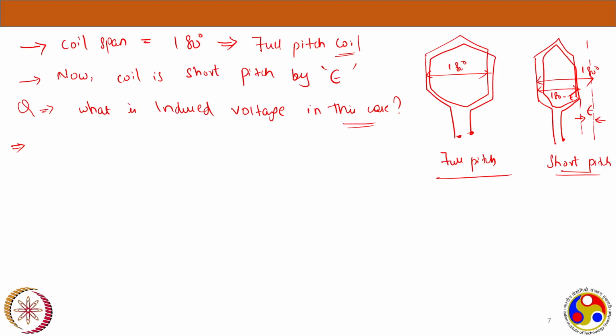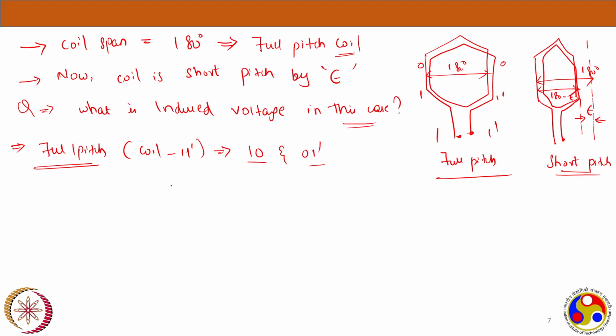It will be very clear if we put it in phasors. Okay, full pitch of coil 1 1 dash, these two coils.